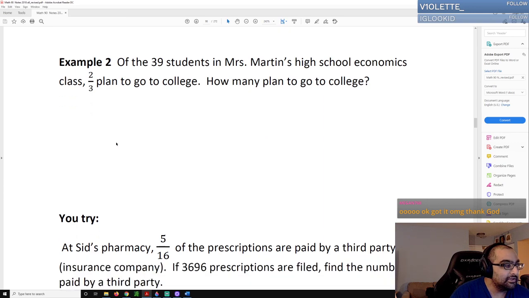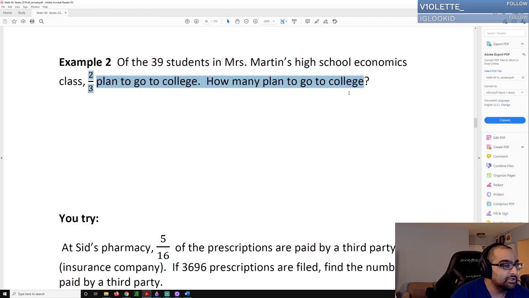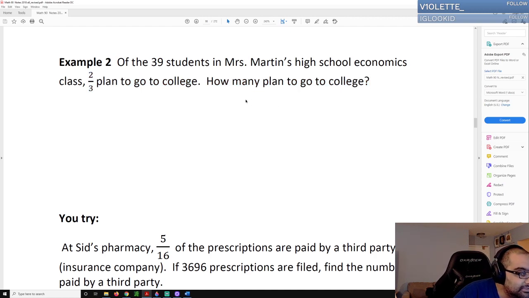Okay, let's look at this second example here. Of the 39 students in Miss Martin's high school econ class, 2/3 plan to go to college. How many plan to go to college? So it says of the 39 students. The key thing, as we talked about, is that "of" is going to be the big word.